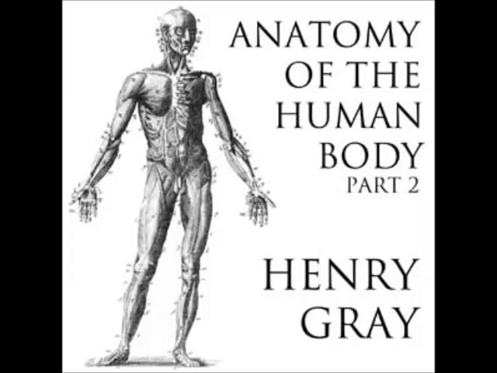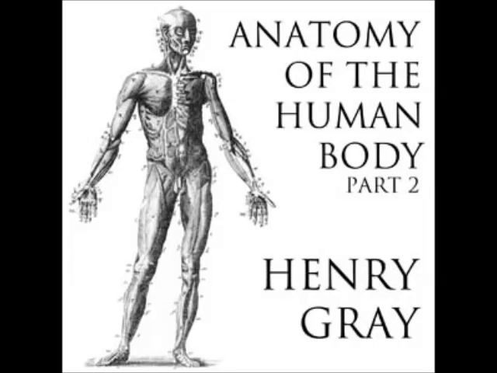The pubocapsular ligament, ligamentum pubocapsulare, pubofemoral ligament. This ligament is attached above to the obturator crest and the superior ramus of the pubis. Below, it blends with the capsule and with the deep surface of the vertical band of the iliofemoral ligament.